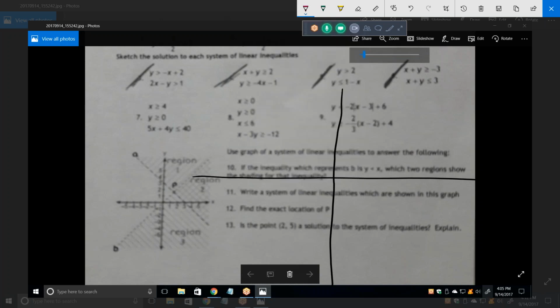So it's a vertical line at 0. Which side? Left, I think.